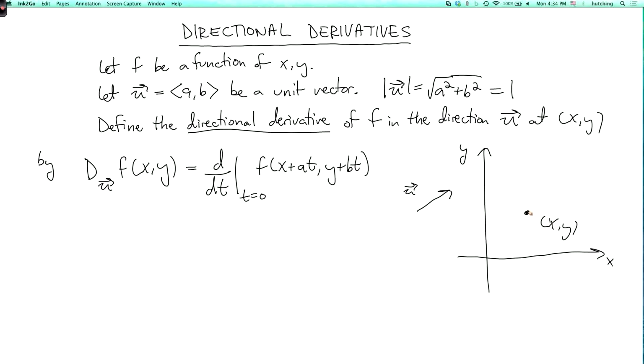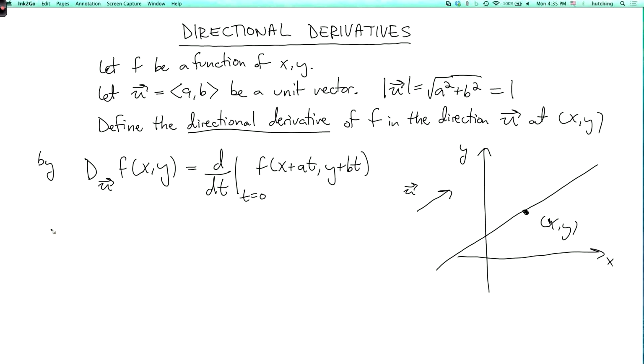So there's a line through this point whose tangent direction is u. And we're evaluating the function at different points on this line and taking the derivative. So in other words, we're just taking the derivative of the function as we move along this line through the point xy in the direction u at unit speed.